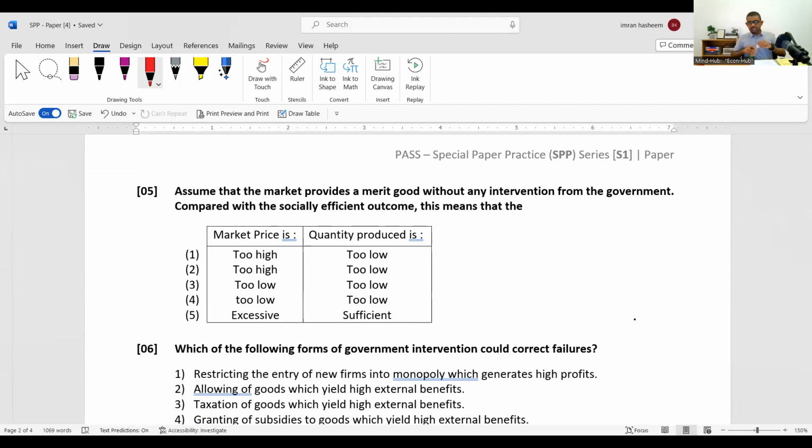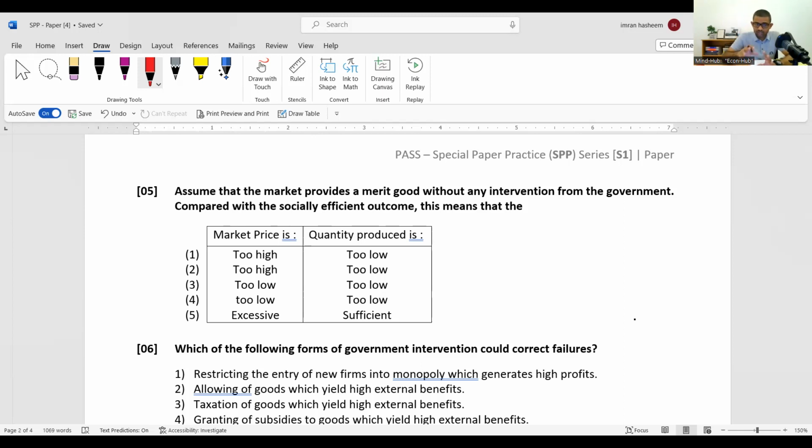Compared with the socially efficient outcome, the one sure thing you can say is merit goods are underproduced, demerit goods are overproduced without government intervention. That is why it causes allocative inefficiency, and the government has to come and correct all that.